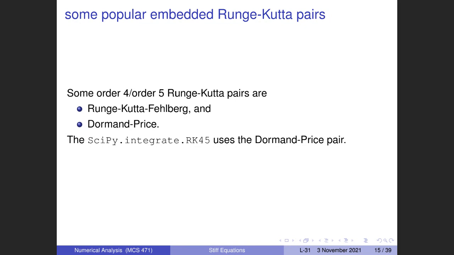But what is actually most important is that there is very good software available. So in the SciPy package, the integrate module has the RK45. And rather than looking at the formulas for the 4 or 5 embedded pairs, we will look at how to use them.